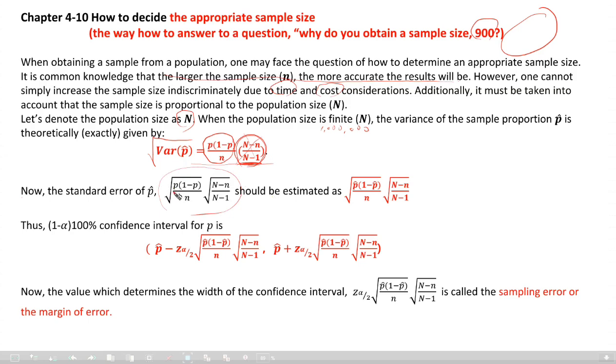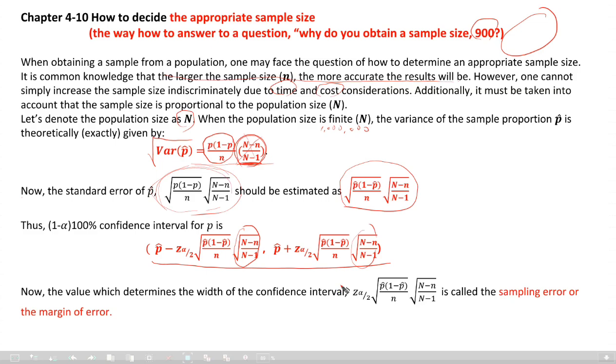The standard error of p hat should be estimated like this, as I told you before when we studied the sample proportion. Thus, the 100(1 minus alpha)% confidence interval for p is this one, with this correction factor. You understand that?